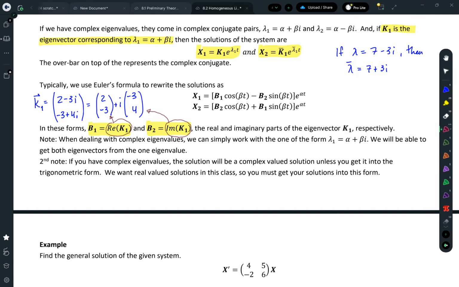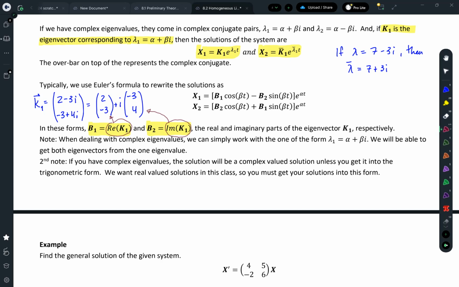So that form says that the x1 vector solution is going to have an e to the alpha t on the outside, but inside the brackets we have b1, where b1 is the real part of k1, times cosine of beta t, minus b2, where b2 is the imaginary part of k1, times sine of beta t.